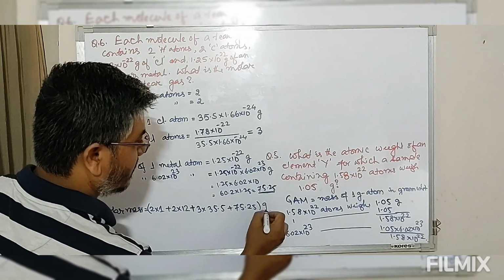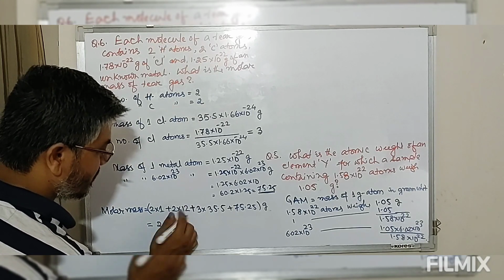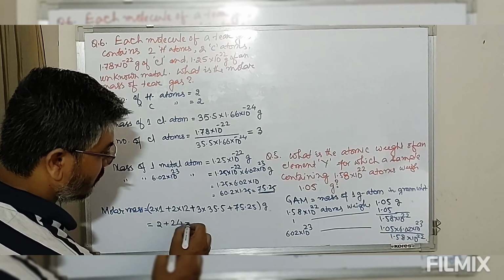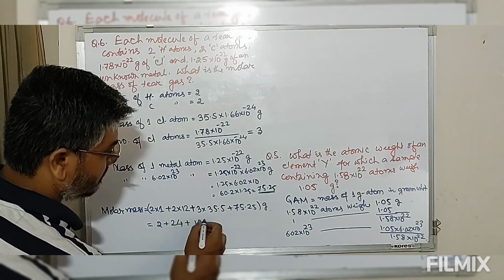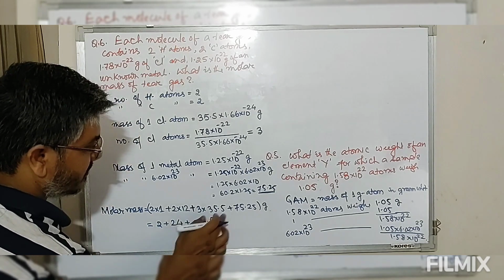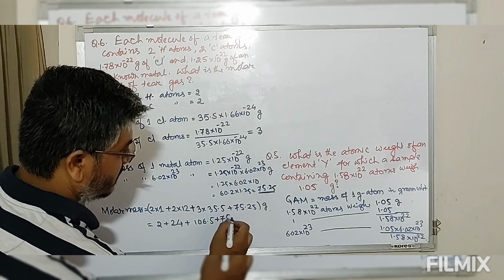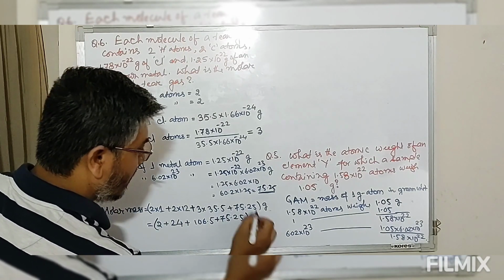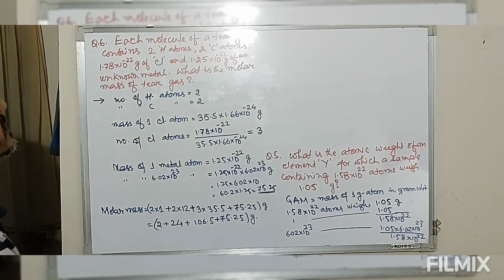So this will give you the gram atomic mass, the molecular mass of this tear gas: 24 plus 75.525.